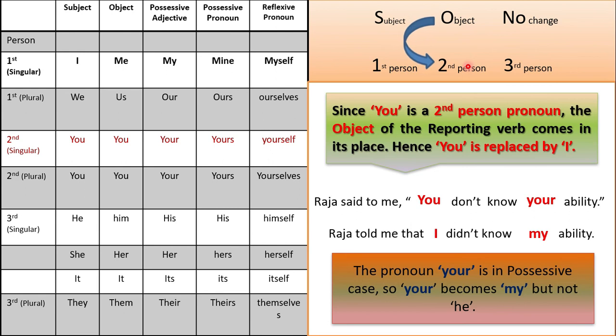And what is the object here? Who is the listener? The listener is me. So me, the subject form of me is I, so we use I in place of you. Didn't know whose ability. Now again we have your, we are dealing with, and we want it to be replaced by the first person pronoun, so we use my ability.